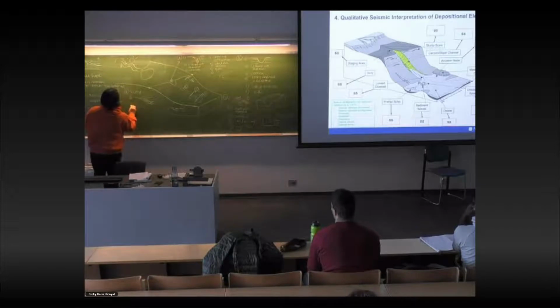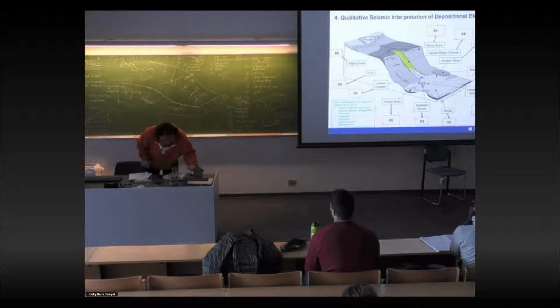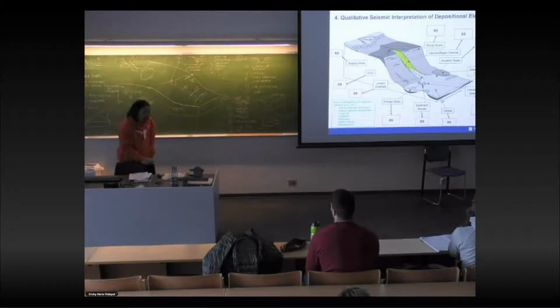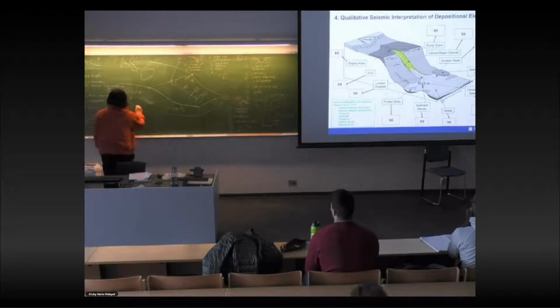So number 2, the shape. They call this a slump. So the reflection configuration, they call this a slump.